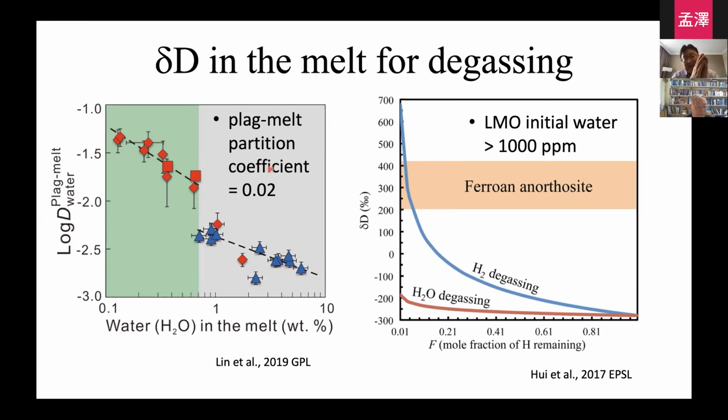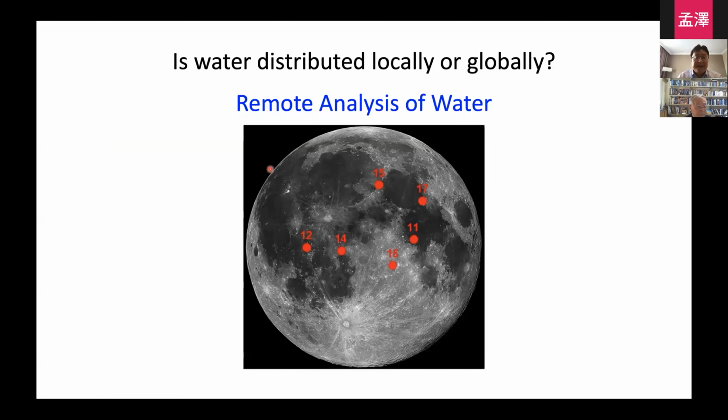Based on these data, we inferred that the initial water content in the lunar magma ocean was likely higher than 1,000 ppm. For reference, the primitive mantle of Earth is about 1,100 ppm. So based on all the early sample analysis, we show that the lunar interior contains water.